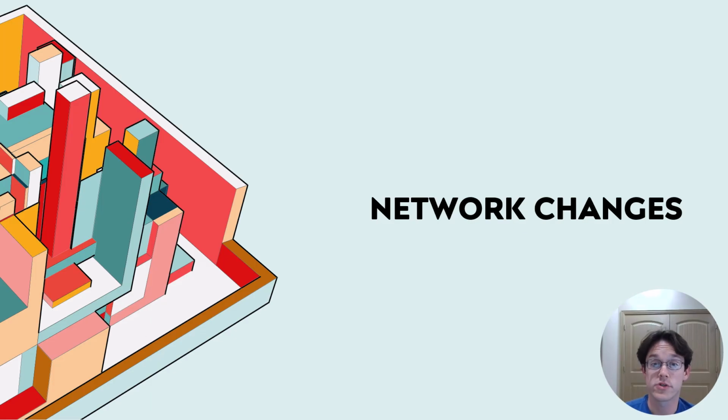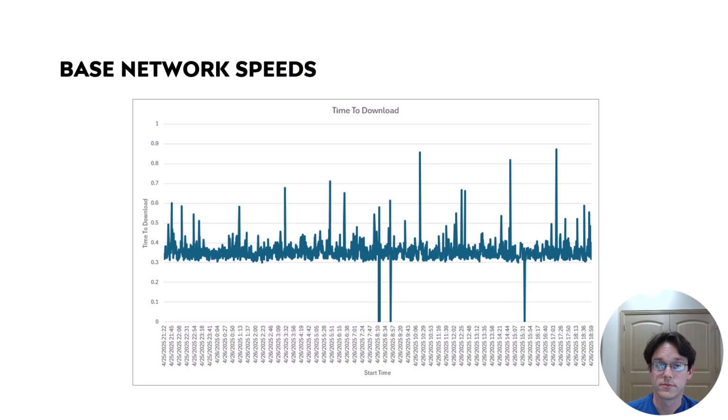Next, we're going to go through some different network changes that I made to the Wi-Fi network to see if it would improve the speeds. First, I took a baseline, and here you're seeing a graph of every minute Apple Pi was pulling that megabyte from Raspberry Pi, and it was recording how long it took to pull that megabyte.